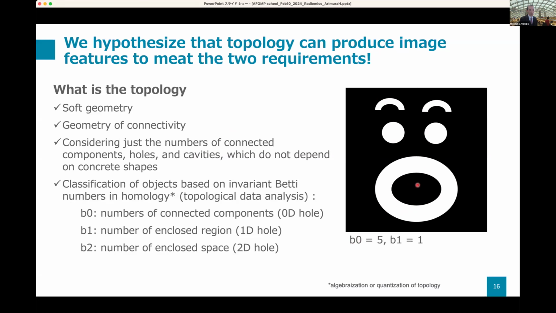This black region does not connect with the edge of this image, so we consider this black region as a hole. So in this case, B1 is equal to 1. B1 means the number of holes in this case. And we also have the two-dimensional hole, which is a cavity in a three-dimensional shape.